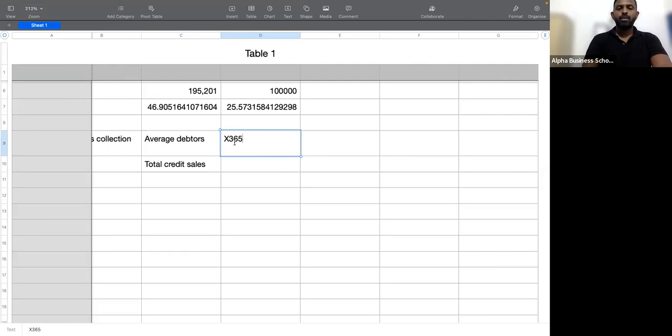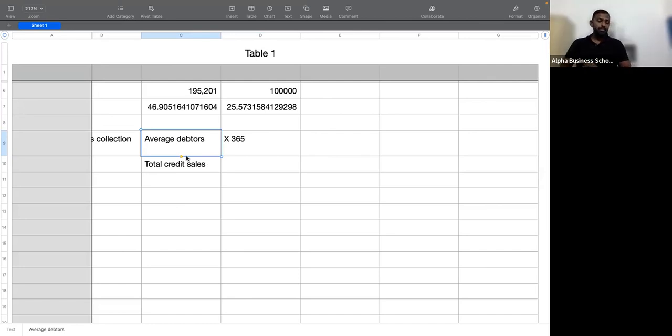When you divide average debtors by total credit sales and multiply by 365, that will give you debtors collection period. So I can find that out.